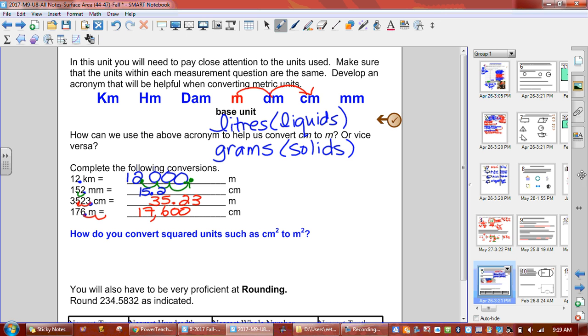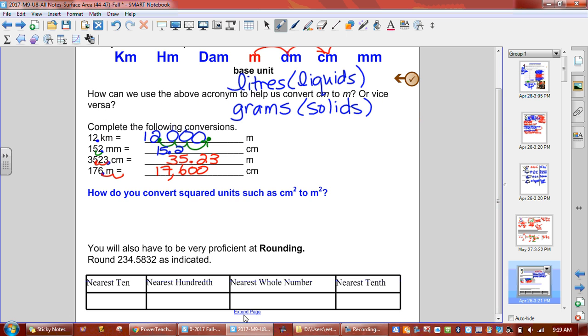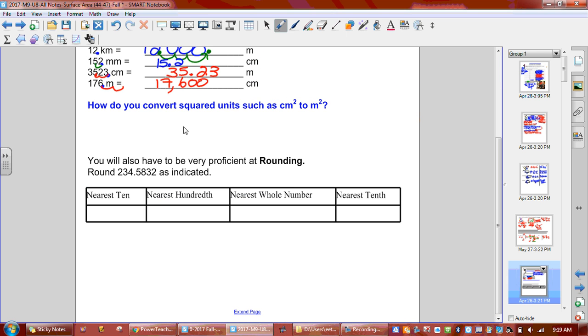Okay, squared units. So our squared units here. Here's our example. Let's just go 1, 2, 4, 7, 8. And we'll put a 9 on the end. We're going to say that is centimeters squared, and we're going to go to meters squared. So we already discussed that's moving our decimal 2 times, but then we got to double it.